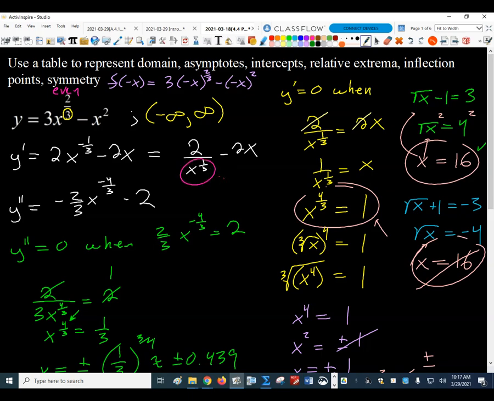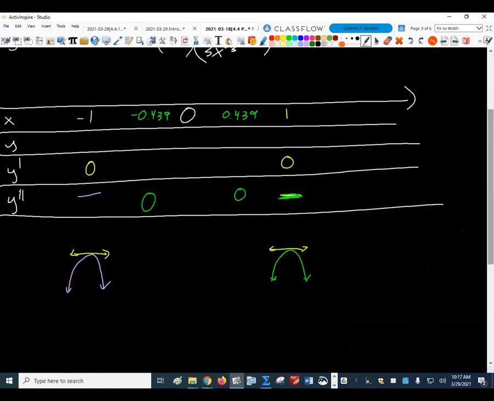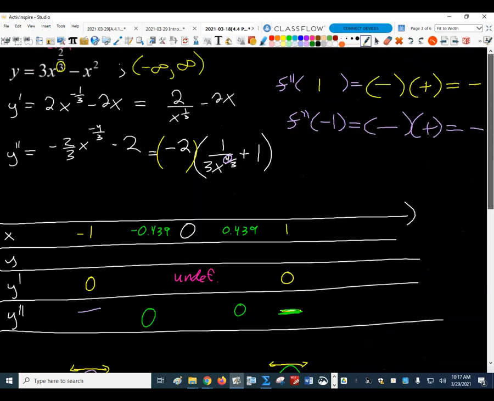Because of that, we know that y prime is undefined at x equals 0, right? Okay, so we can go back to our table and we can add the value at 0. The first derivative is undefined. Okay, well, so is the second derivative, right?